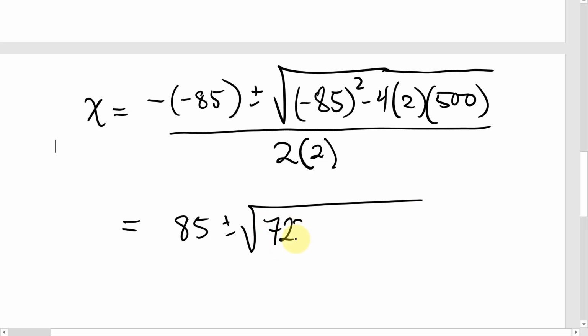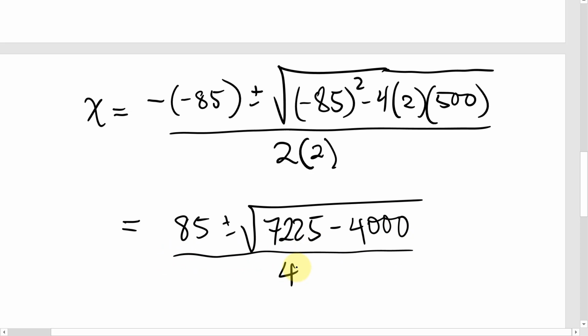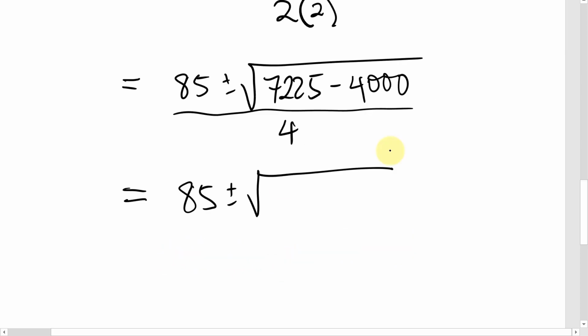That's 7225. And then it's a minus here. So minus, it's actually 8 times 500. That's 4,000. Everything divided by 4. So that's going to be 3,225 divided by 4.